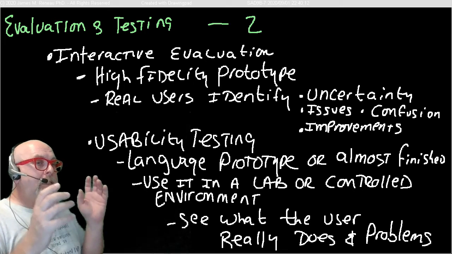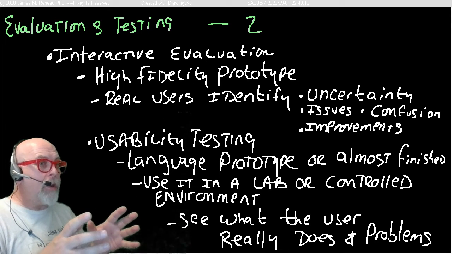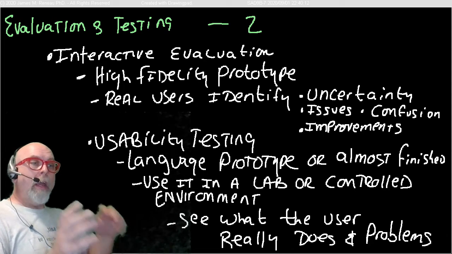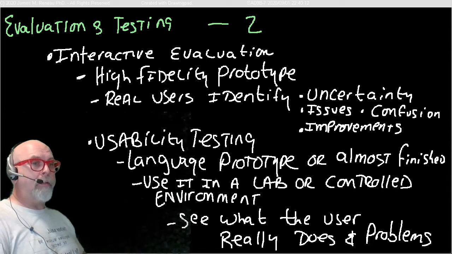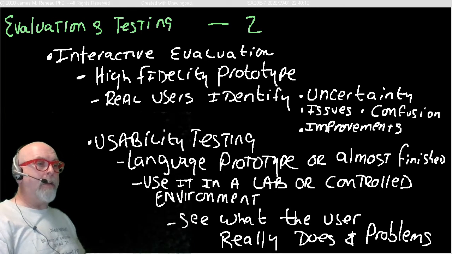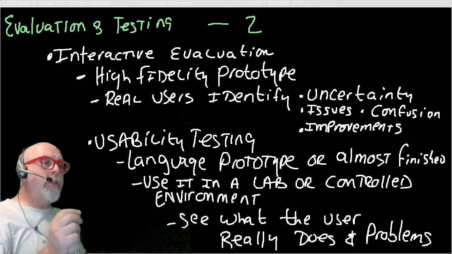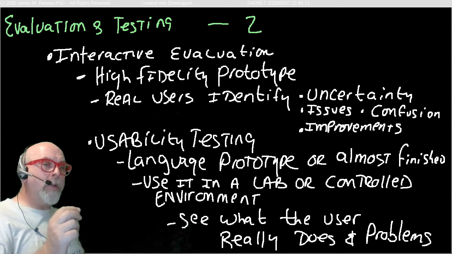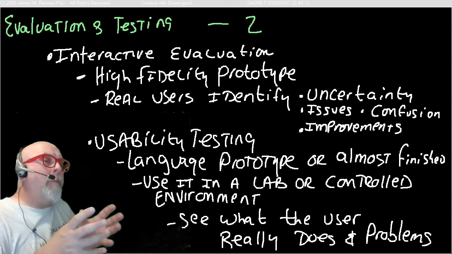We want to set the users down in front of this prototype and say, here's a problem, figure it out. Here's a problem, see if you can do it. Here's something you're going to do every day, have at it. And we're going to see what the users really do. We're going to see what they actually do, and we're going to see the problems they have.